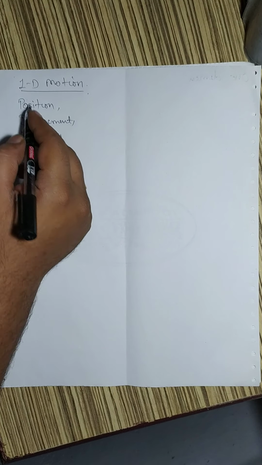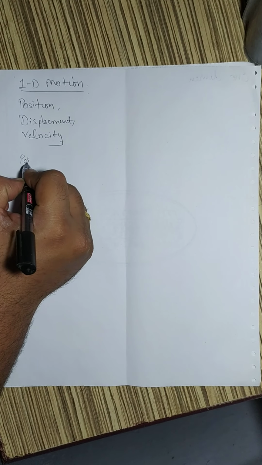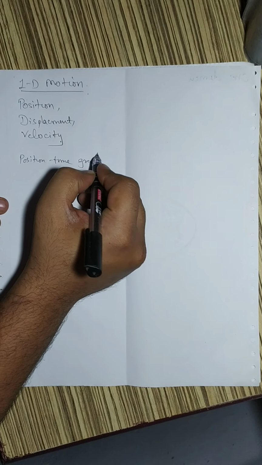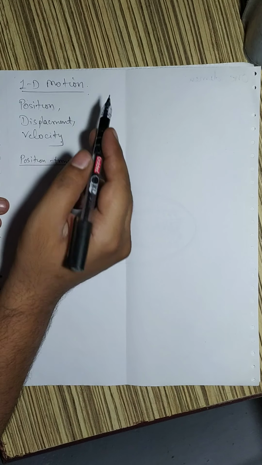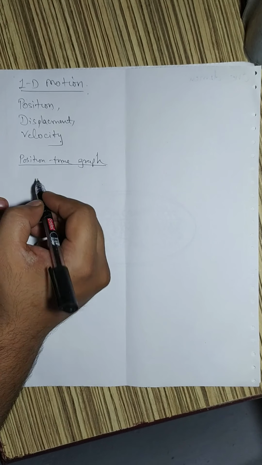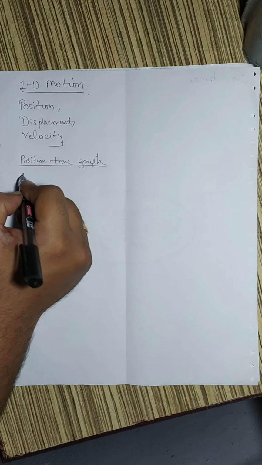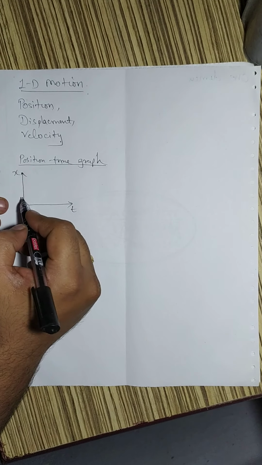To study position in one-dimensional motion, we draw a position time graph. Exactly how the position changes in one-dimensional motion with respect to time, that we understand from the position time graph. Let's say the position time graph given to us is this, with position in terms of x.